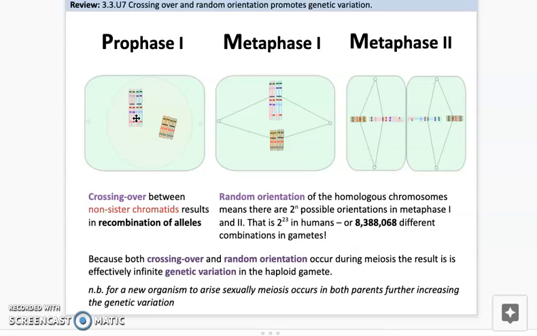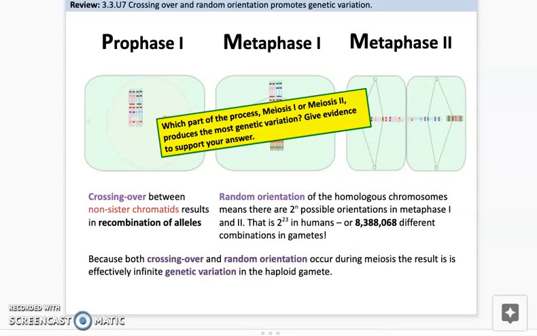Crossing over each other and exchanging genetic information. This helps to produce different varieties of gametes, and so does the separation of the randomly oriented chromosomes. So I'm going to go into more detail of random orientation in a second.